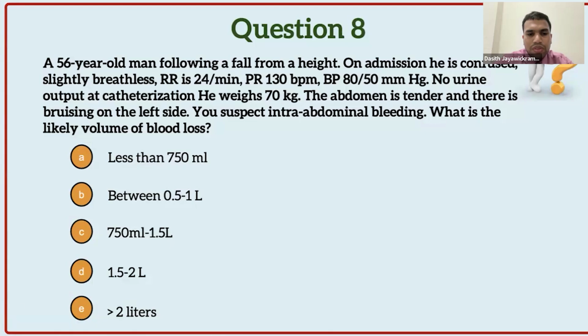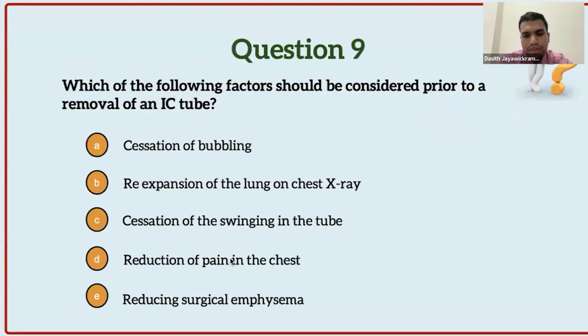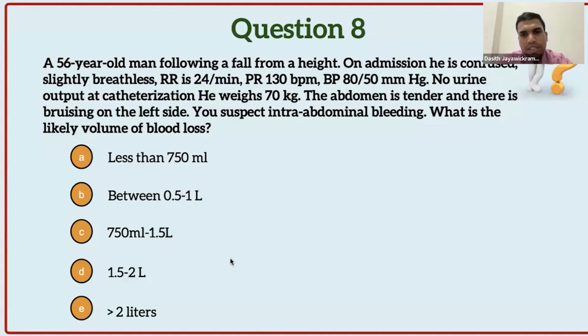Yes, it's a little bit confusing, but the answer is D, 1.5 to 2 liters. Sorry for the dilemma there. I will send a photo explaining all of it. That is not part of the trauma module, but you need to know that also. I didn't encompass it, so I will send you all. I'm sorry for that.